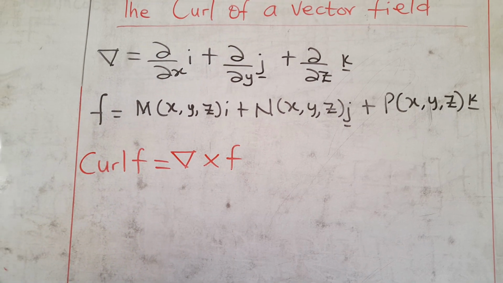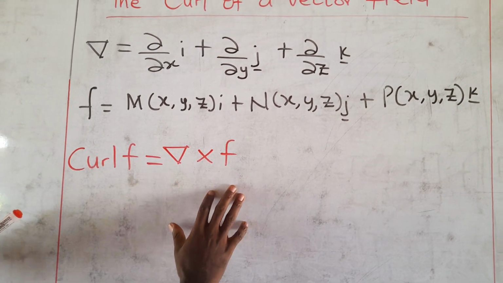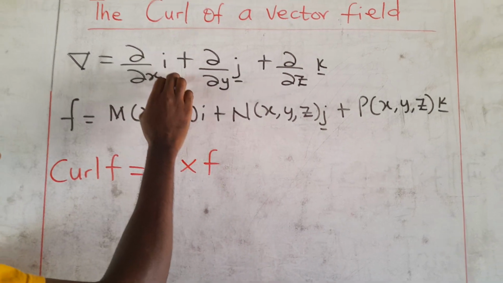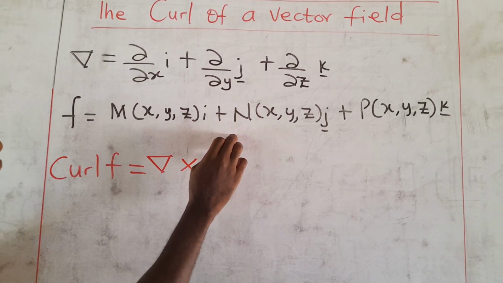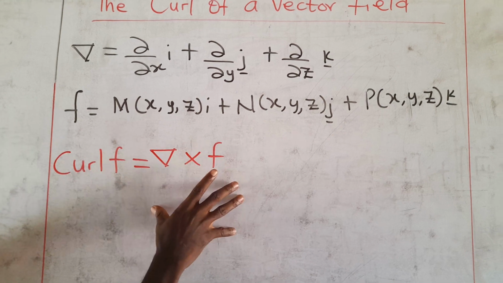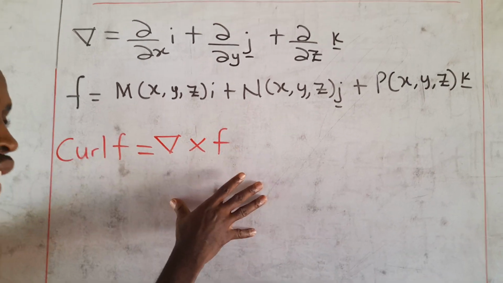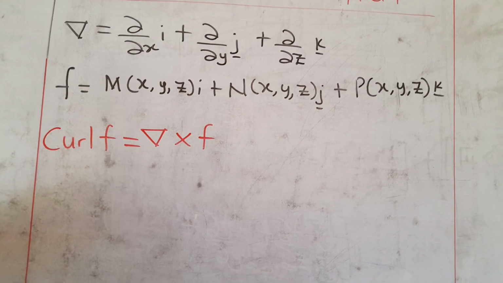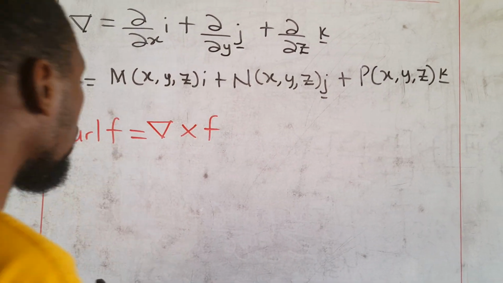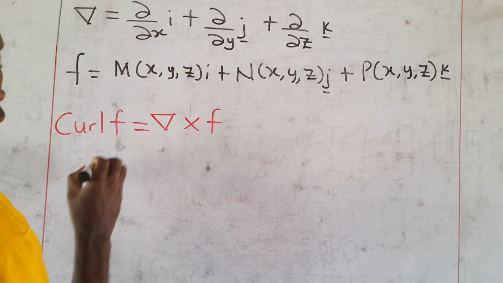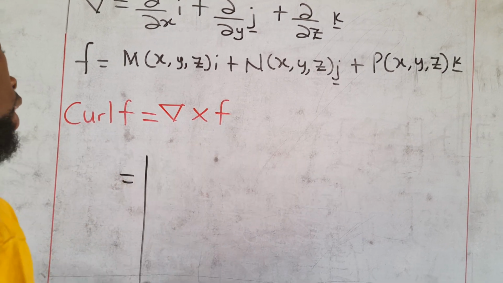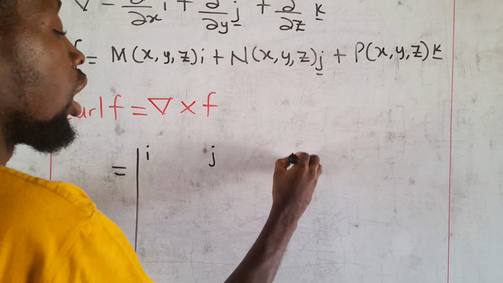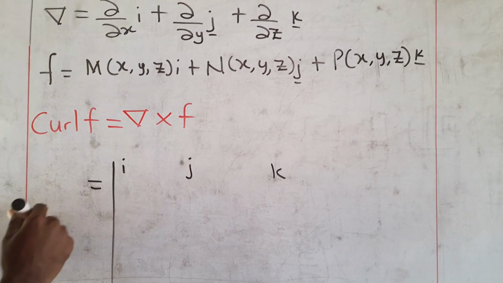And remember, when we're doing the cross product of vectors, this is a vector differential operator and this is a vector field. The cross product of two vectors is just the determinant of the matrix format of it, a 3x3 matrix. So we can say the curl of f will be equal to the determinant of, remember, i, j, and k forming the first column.